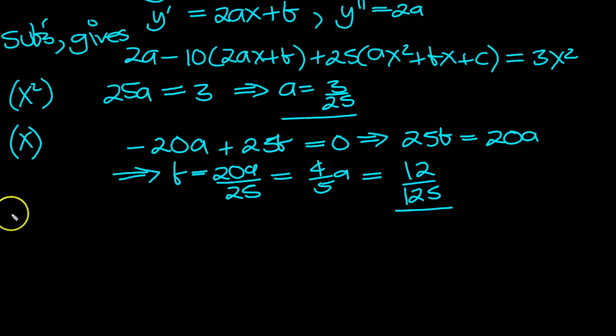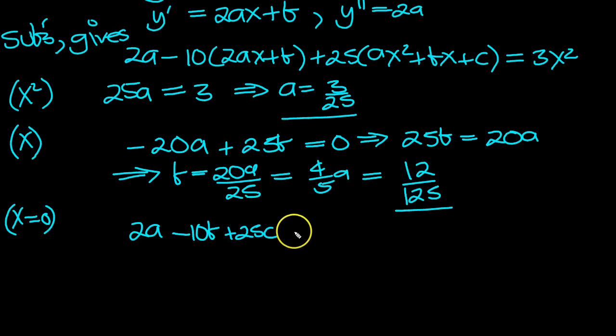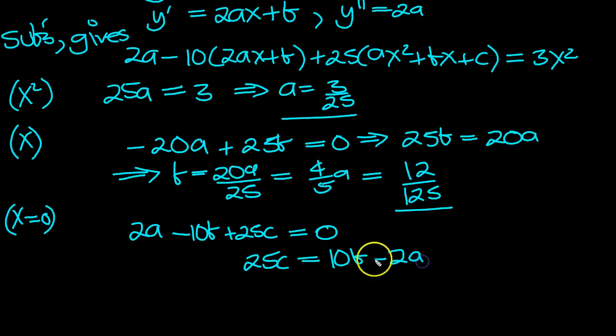So if we put in x as 0, or basically the constants, then we get 2a minus 10b plus 25c, and the other terms will be 0, equal to 0. So then 25c is equal to, now move these two things over, 10b minus 2a when you flip the signs.